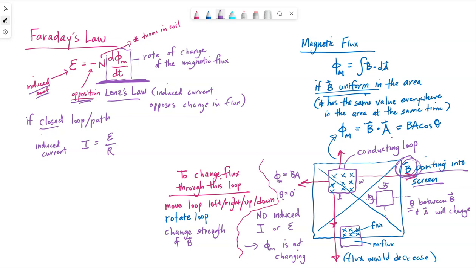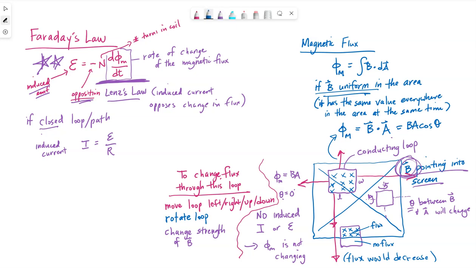So there's multiple ways at which we can change the flux. It doesn't matter how we change the flux, but the flux must change. So Faraday's law up here, the flux must change in order to get this induced voltage and induced current.